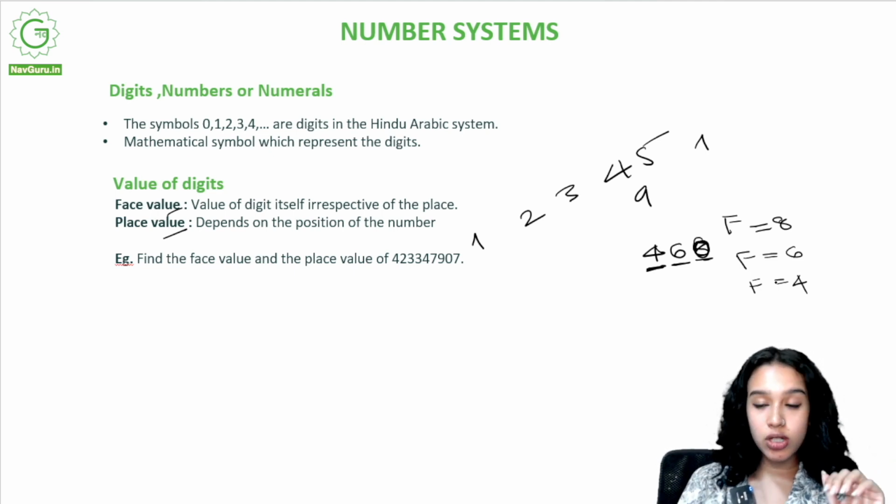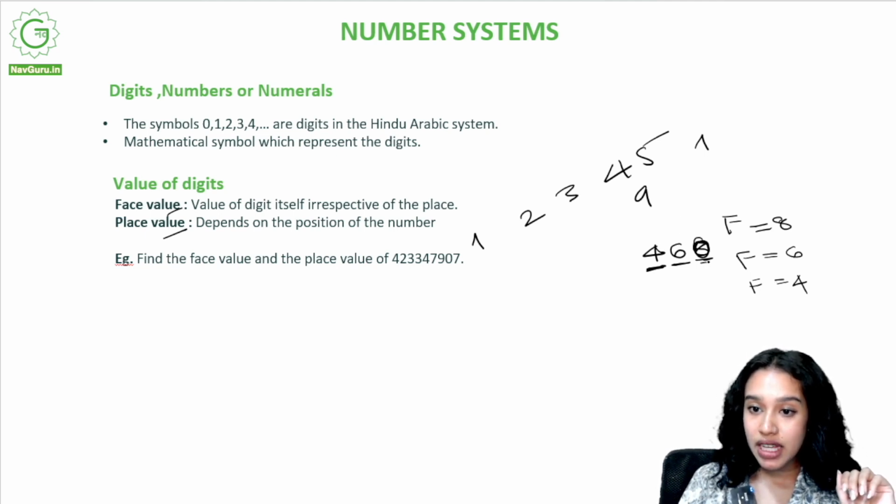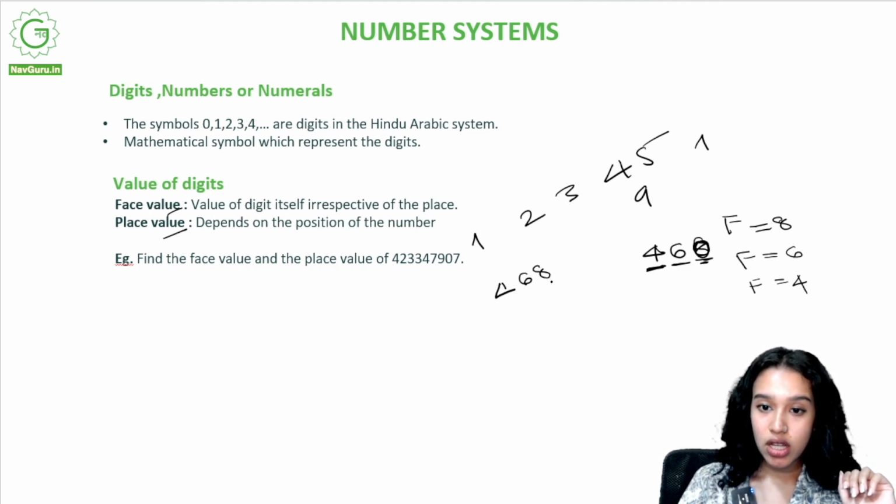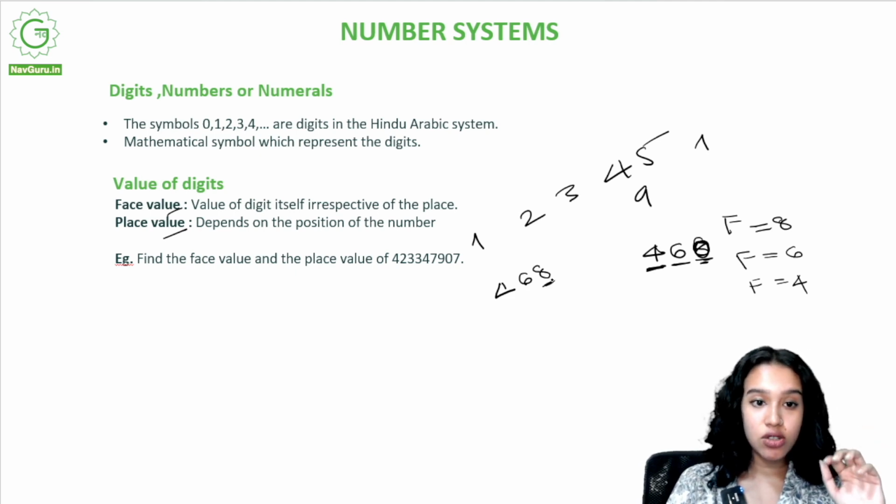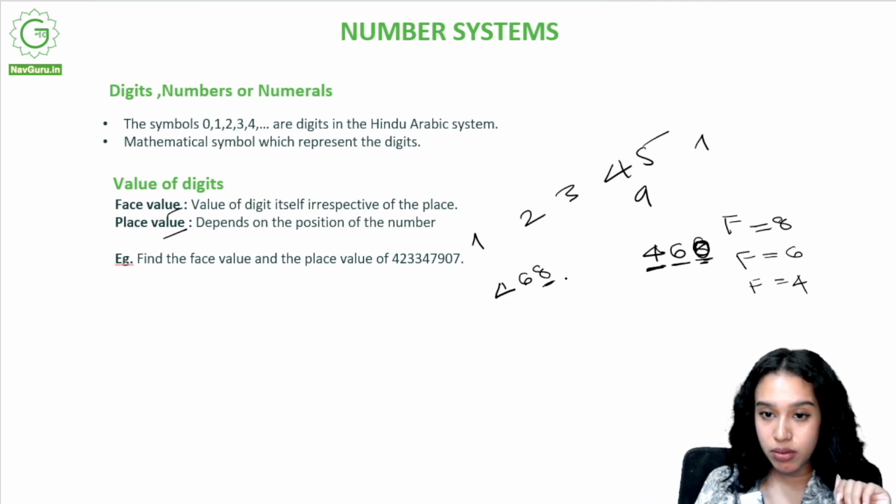Now let's talk about the place value. What is the value of the place which the digit is in? If we are taking the number 468, what is the value of the place? That is called the place value of that digit.